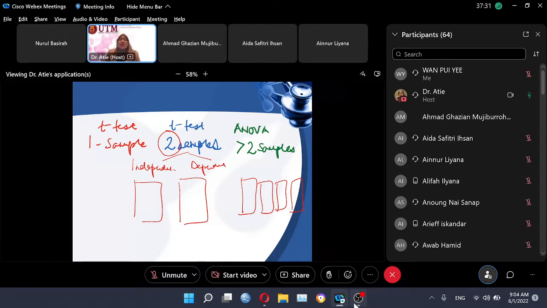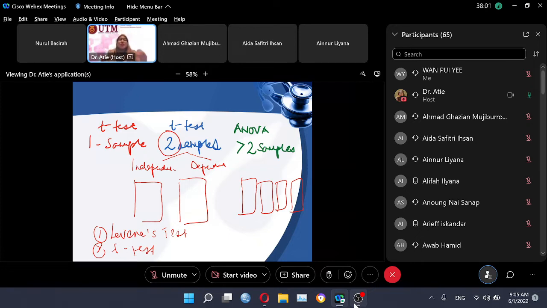In the t-test, the procedure is: the first thing, we need to perform the Levene's test, and the second, we need to perform the t-test. The purpose of the Levene's test is to compare variance.